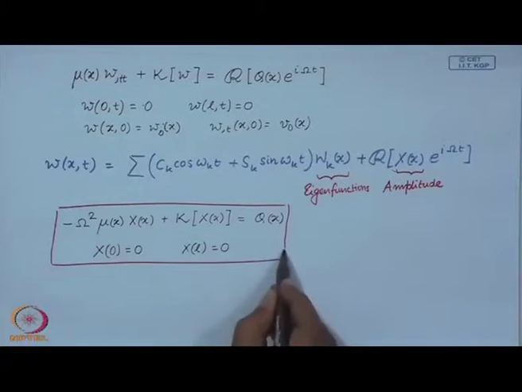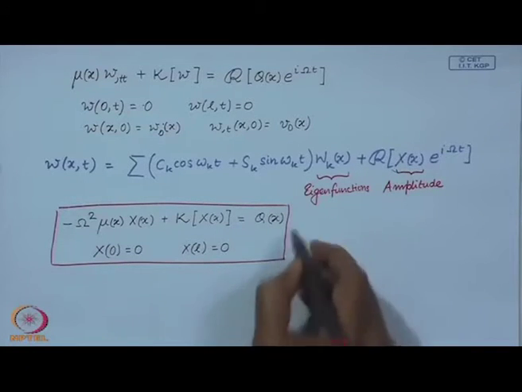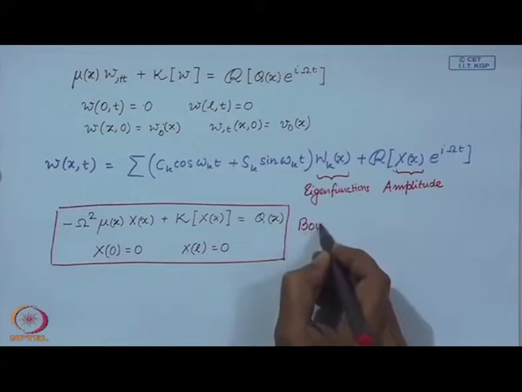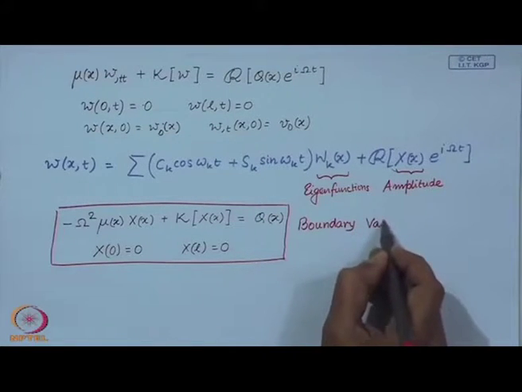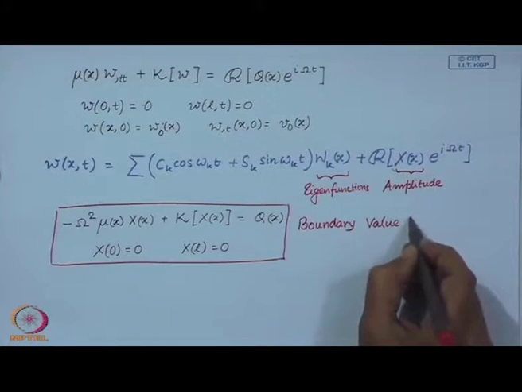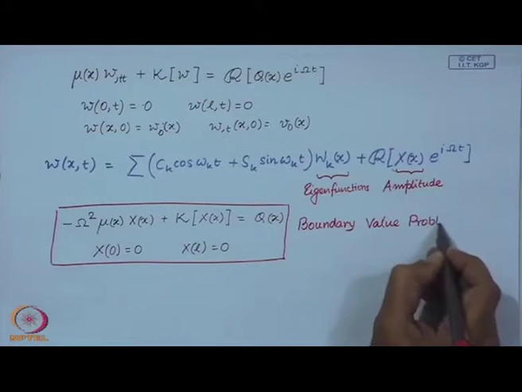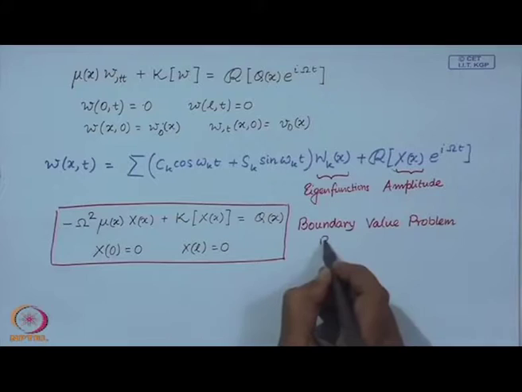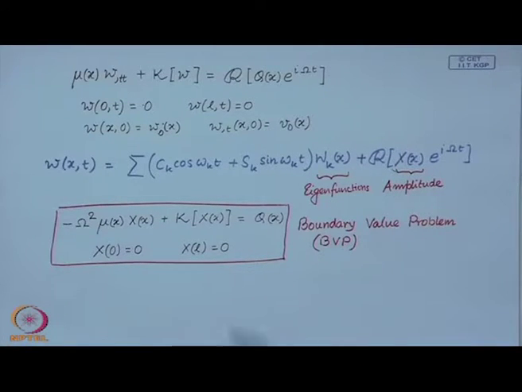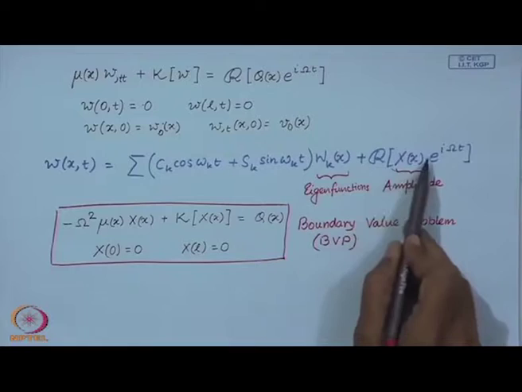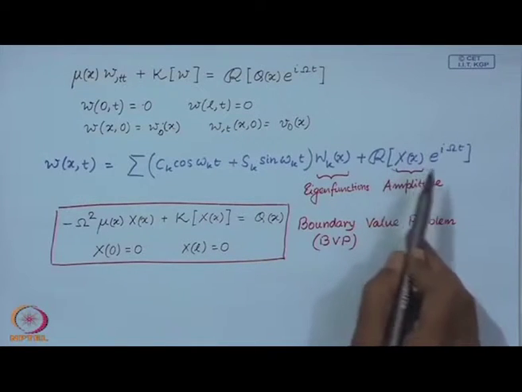Now, this we defined as the boundary value problem. This is the boundary value problem which we have to solve in order to calculate the amplitude function of the particular solution.